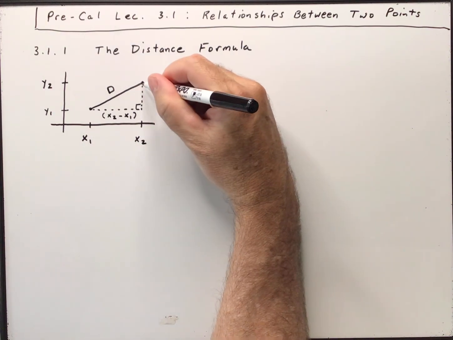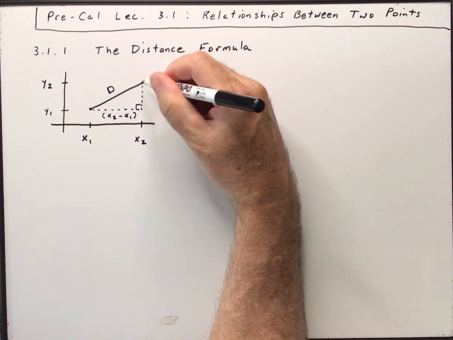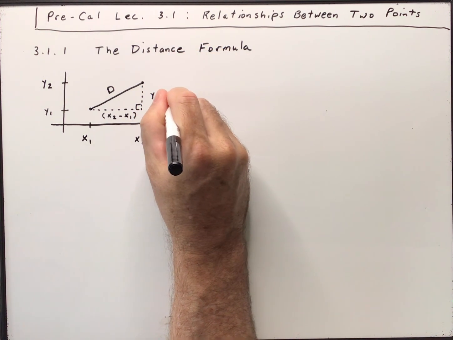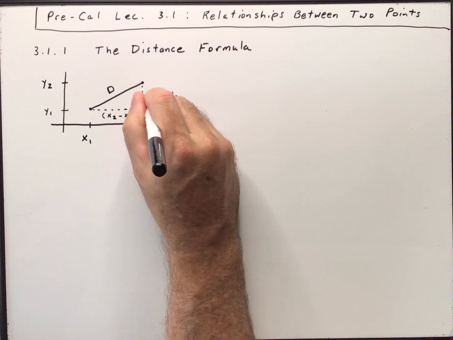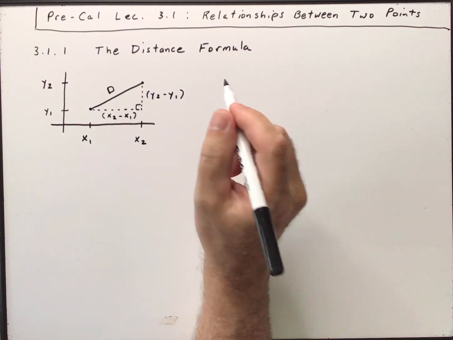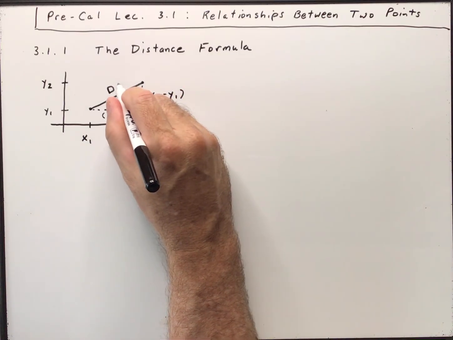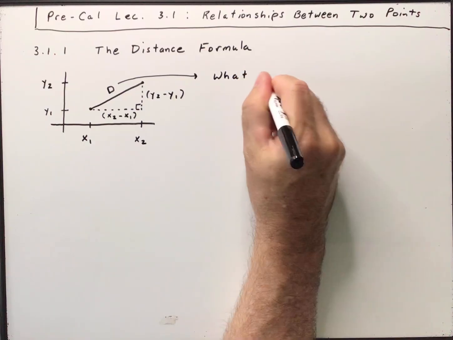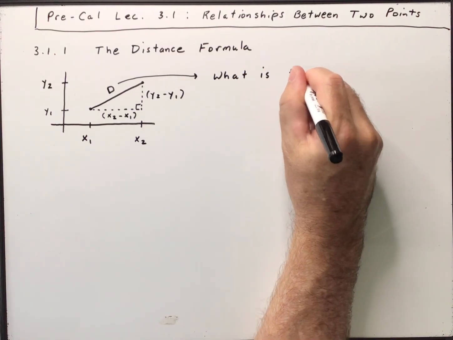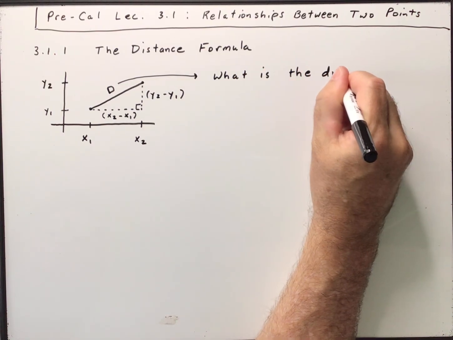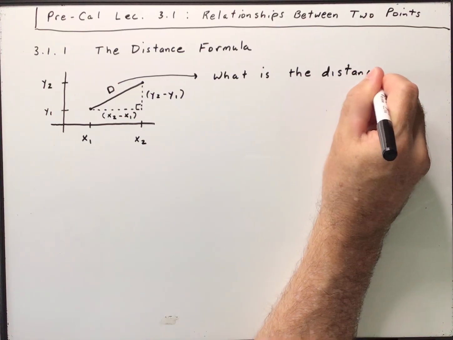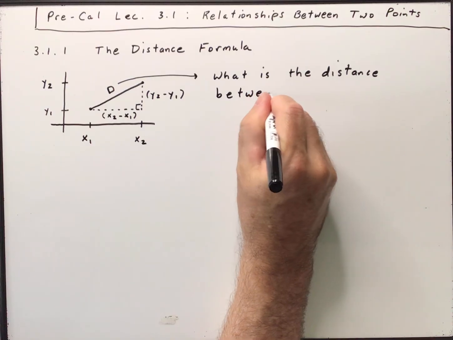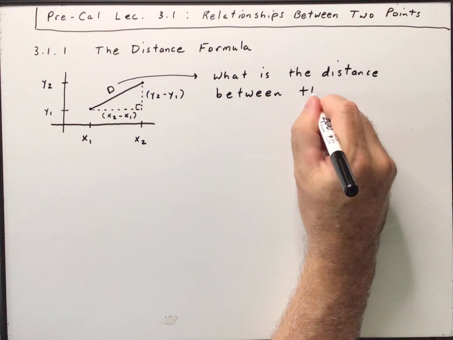And this leg of the triangle that goes north and south, the length of that would be y2 minus y1. So the question is, what is the distance between these 2 points?